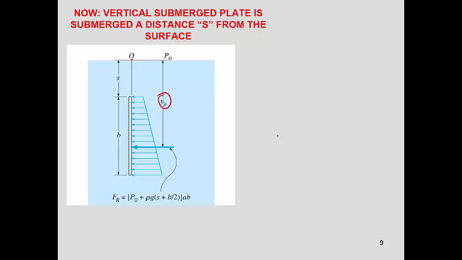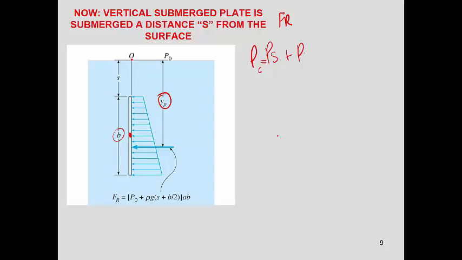So we have still the same notation, P, and in this case we have a plate of height b. So the resultant force you calculate at the centroid of the plate.